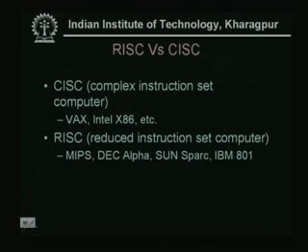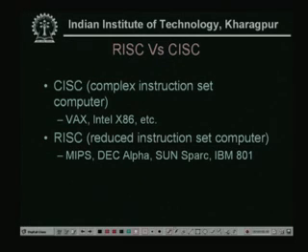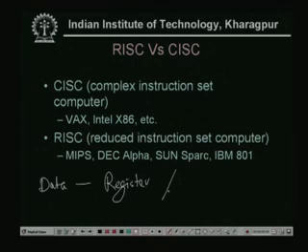Say, for example, in a RISC machine, an add instruction takes the data from registers only. As I mentioned, the data can be stored either in registers or the main memory.